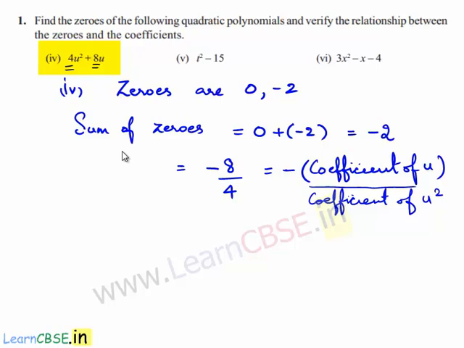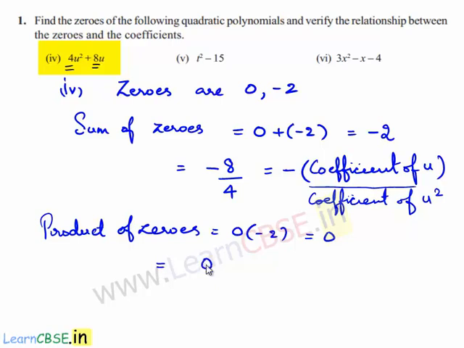So we can conclude that the sum of zeros is related to the coefficients as minus of coefficient of u divided by coefficient of u square. Now the product of zeros is equal to 0 multiplied by minus 2, which is nothing but 0.